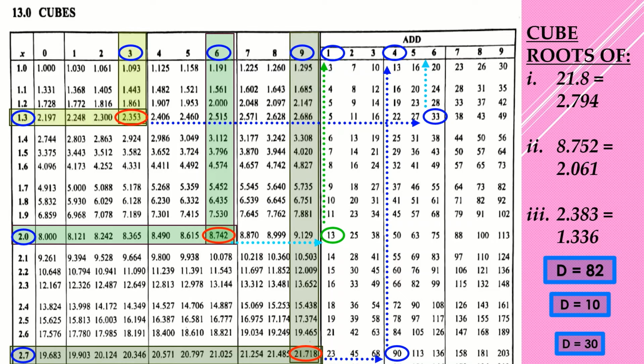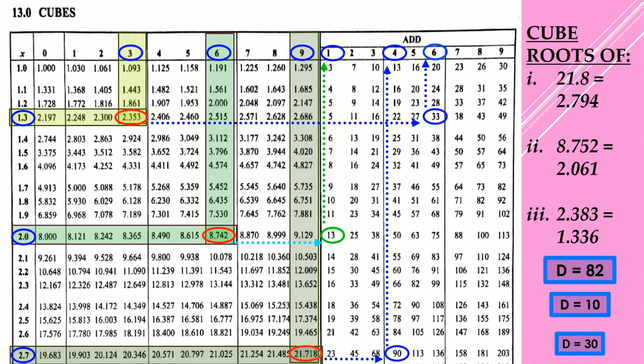So digit 6, we write it after the other 3 that we had, and now we will have 1.336. So you have to look at that, and you find the solution, and it is procedural on how to get it. If you cannot get the exact value in the mathematical table, how are you supposed to do it? You have to find a number which is closer to that number that you intend to find its cube root.